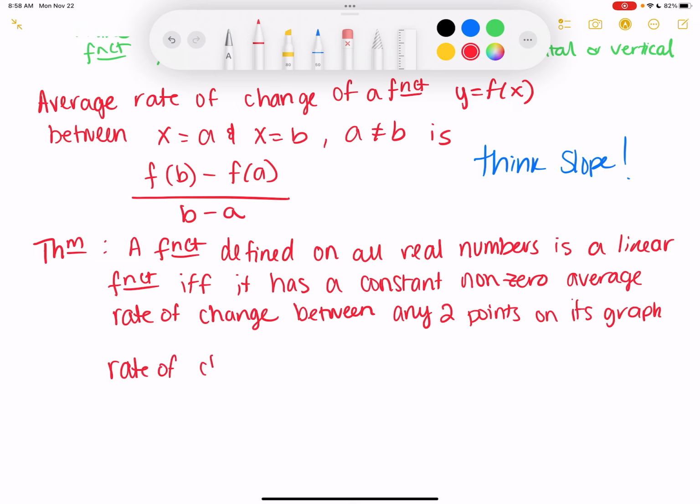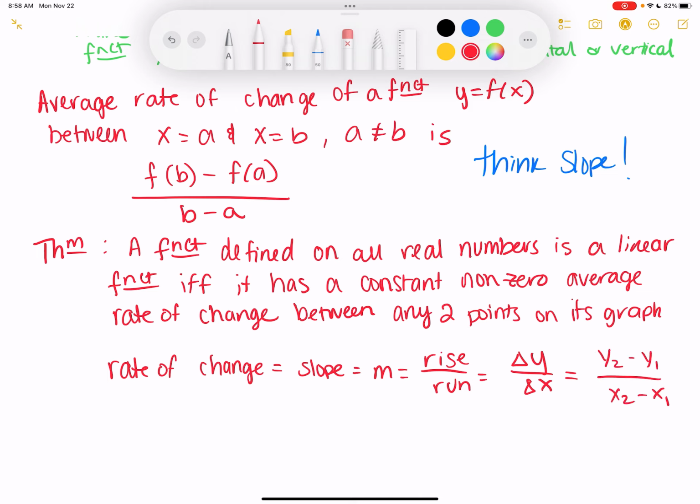Rate of change is equal to slope, which is equal to m, which is equal to rise over run, which is equal to delta y over delta x, which is equal to y2 minus y1 over x2 minus x1.